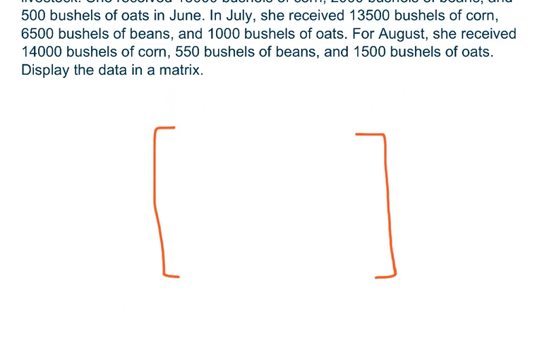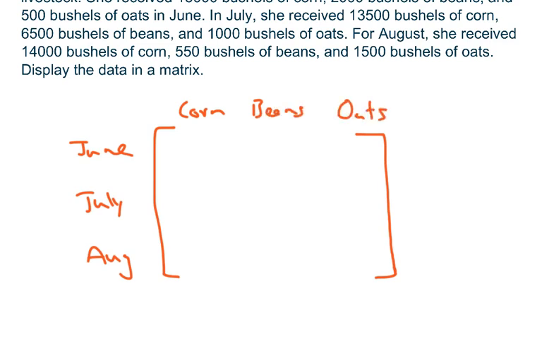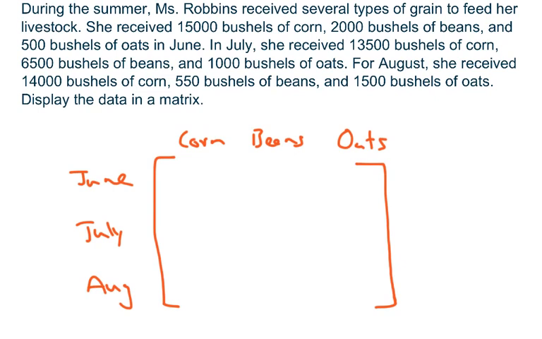If you do the months on the side, then you do the grains on the top. If you do the months on the top, then you do the grains on the side. It really doesn't matter. The way I did it in my notes, I did the months on the side. So we have June here, and then July, and August, and then corn, beans, and oats. So the setup tells us everything we need to know.